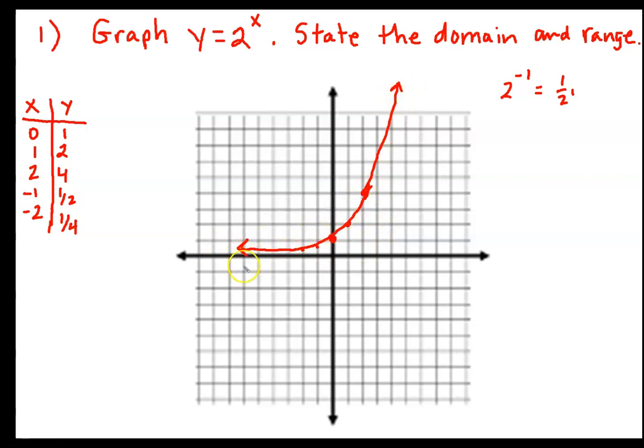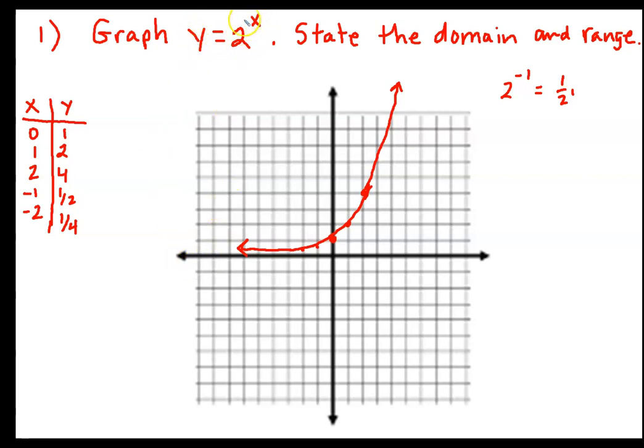There's something else that's interesting, and I'm going to put a term here that I want you to put in your notes. Do you notice that as we go to the left, as x approaches negative infinity, we are getting closer and closer and closer to the x-axis, but we're never actually going to get there. If you think about it, getting to the x-axis would mean that there's a number I could put in for x that would make y equal 0.